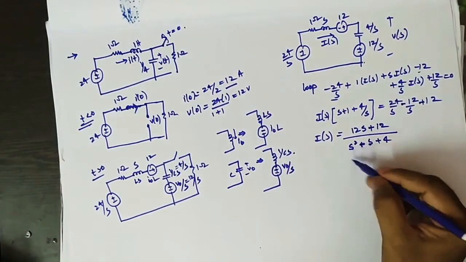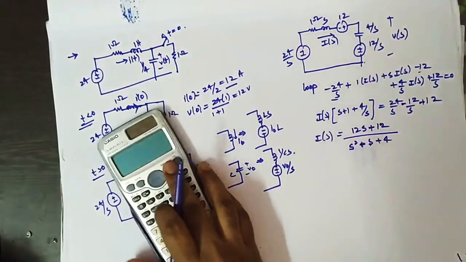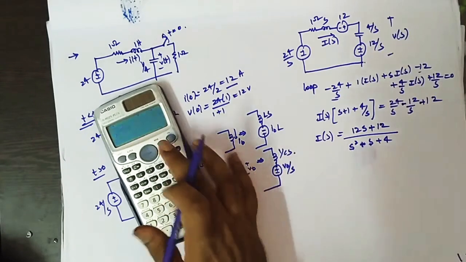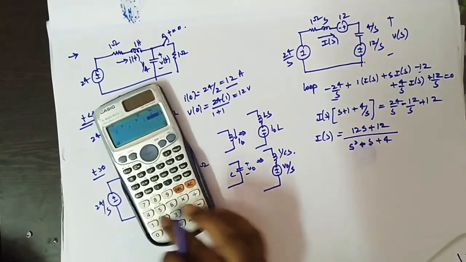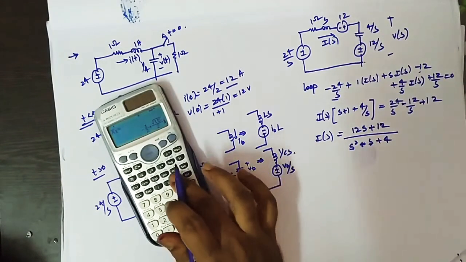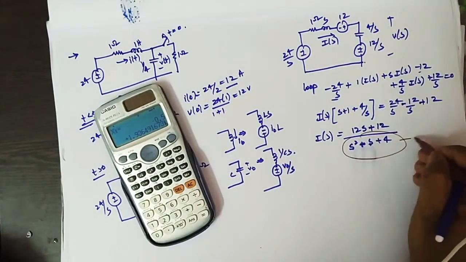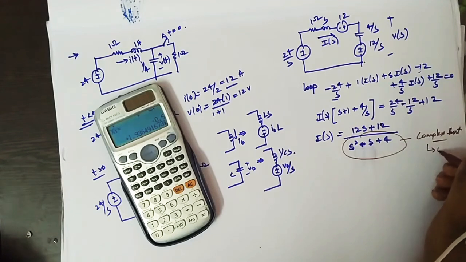So if you take the roots of this equation, we will be getting complex roots here. If you get complex roots, then it is called what? Underdamped system.